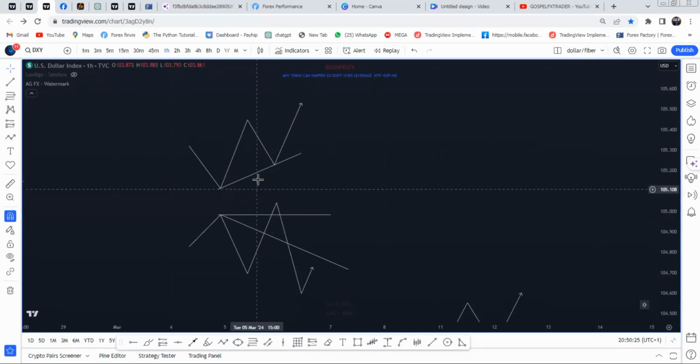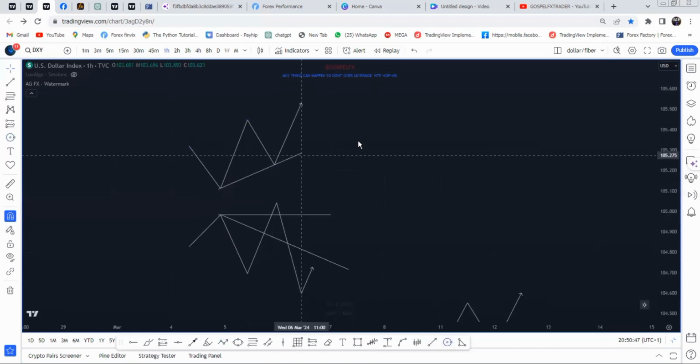This means that if the dollar fails to create a low, it's going to continue the overall trend, while that of the foreign currency pair was just a trap to take liquidity out of the market. All right. So the moment you see this, we will now look for what? Your confirmations at this point.